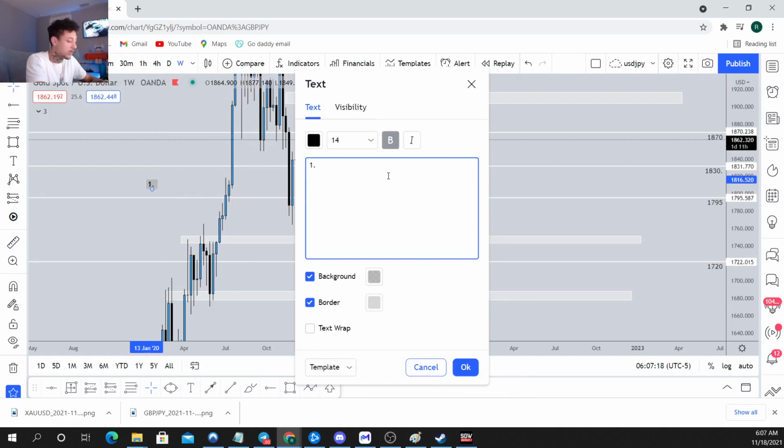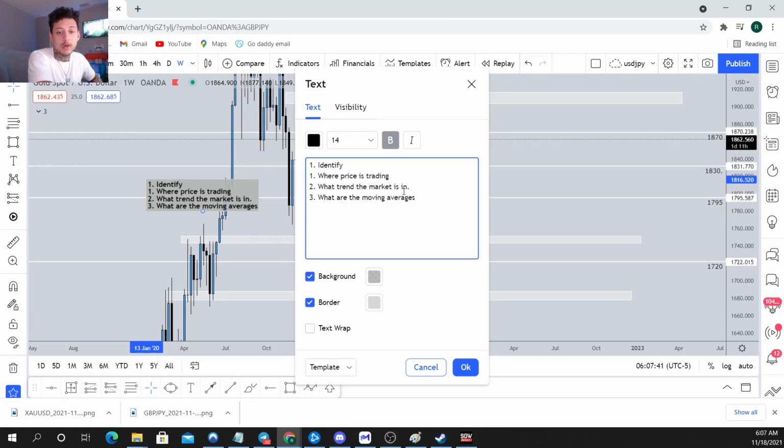So one, we're going to identify. Right, and what I mean by identify is we're going to identify where price is trading, what trend the market is in, and you're going to ask yourselves, what are the moving averages? So this is what I mean by identify, right?